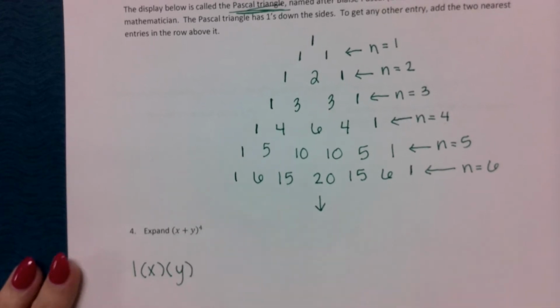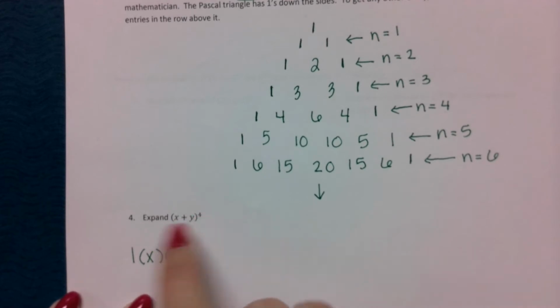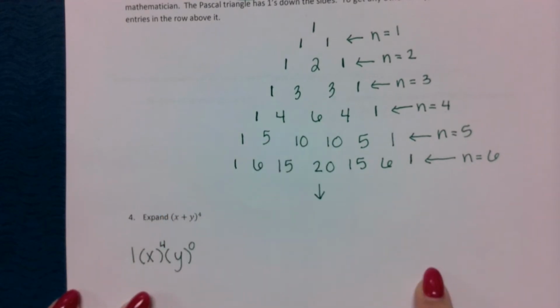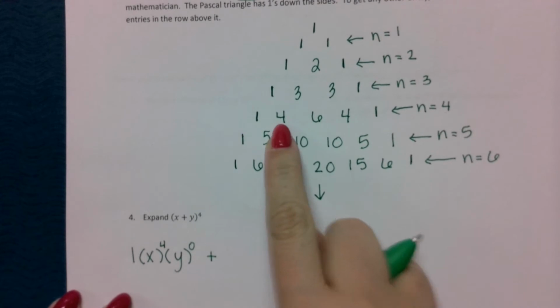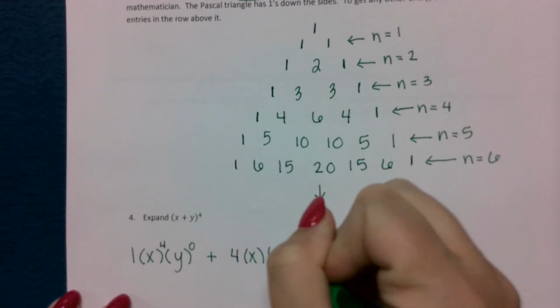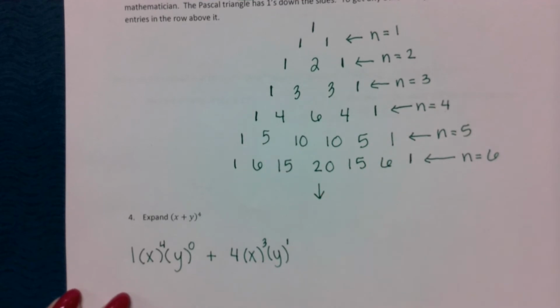The exponents: the x is going to start with 4 and descend. The y is going to start with 0 and ascend. So we start with 1, x to the 4th, y to the 0, plus, then the next number, 4. Remember, the x is going to get smaller, the y is going to get bigger. So this becomes x to the 3rd, y to the 1.